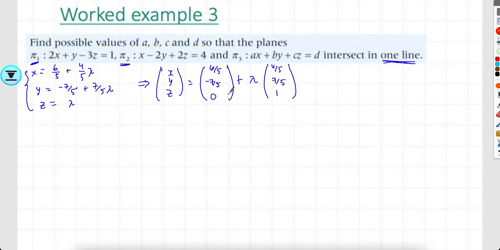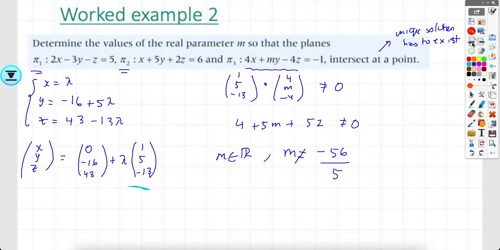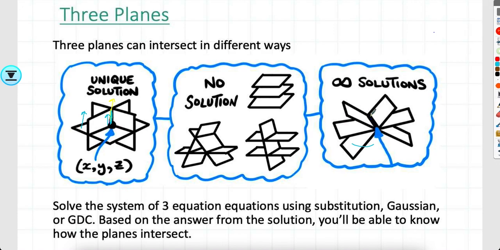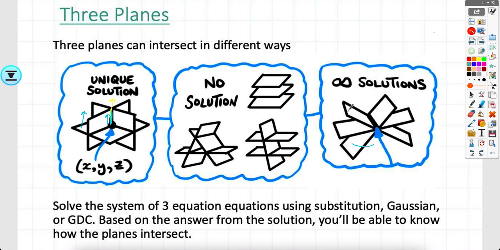Well, first of all, let's look at how we can determine A, B, and C. Now A, B, and C are the normal, and I need to look at the behavior of the normal of my plane and the direction vector. Remember, this is the direction vector of my line. Well, going back to the diagram, if this is my line, then it has the direction vector here.